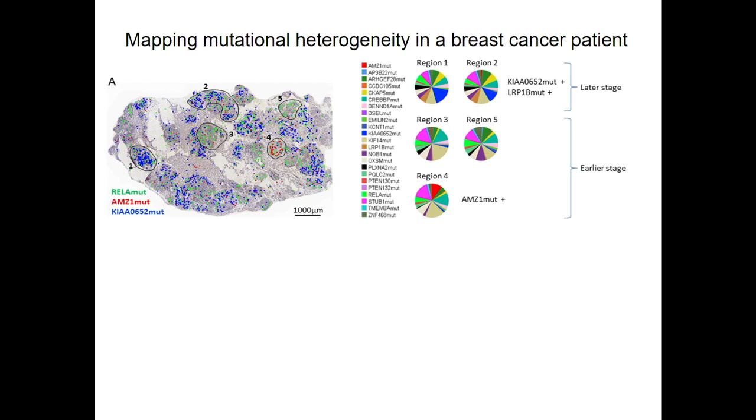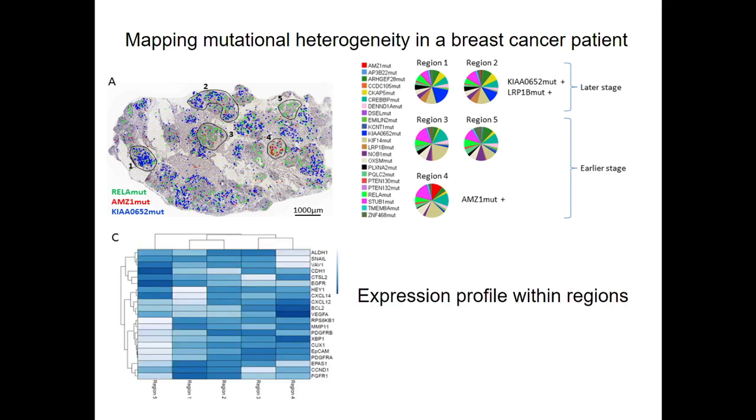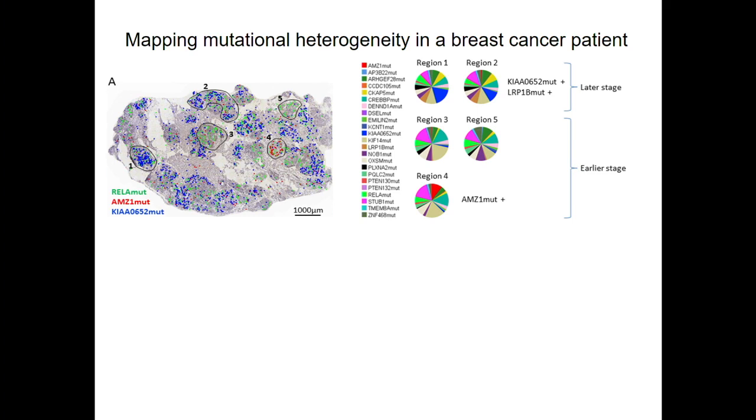We designed probes for all these mutations and applied them onto this tumor tissue. And here you can see the location of 3 different mutations, the blue, the green, and the red ones. And you can see that one can visualize different genetically distinct subpopulations of cells in this, again, pretty small piece of tumor.